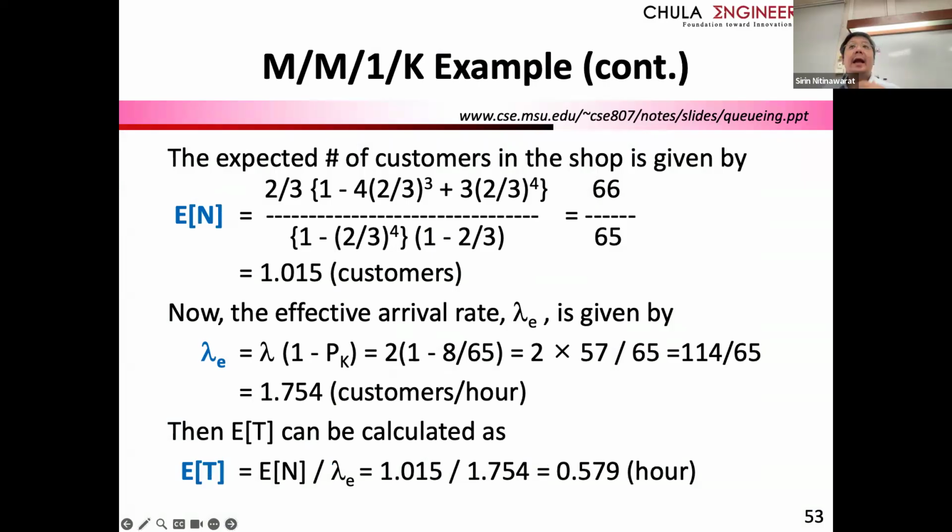Now you can correctly apply Little's formula to compute the expected time each accepted customer spends in the system to be a little more than half an hour.